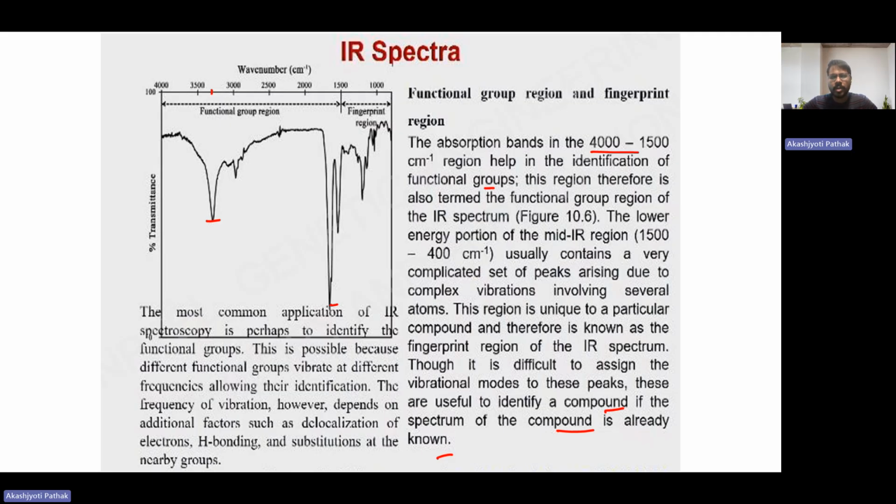If you are given a drug molecule and you have to characterize it, whether it has any impurities or whether it is pure, you can take an IR spectrum, and you can identify whether there is any adulteration, any impurities in the sample, or what excipients are present in the drug molecule. All this information you will get by recording an IR spectrum.